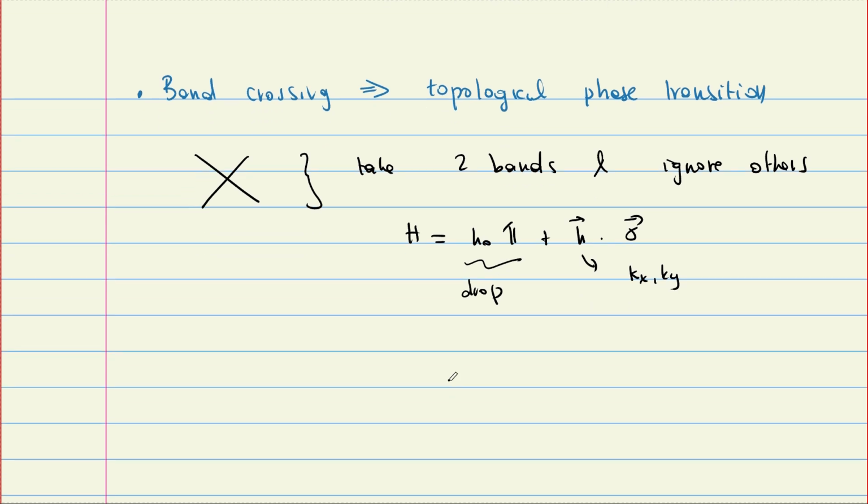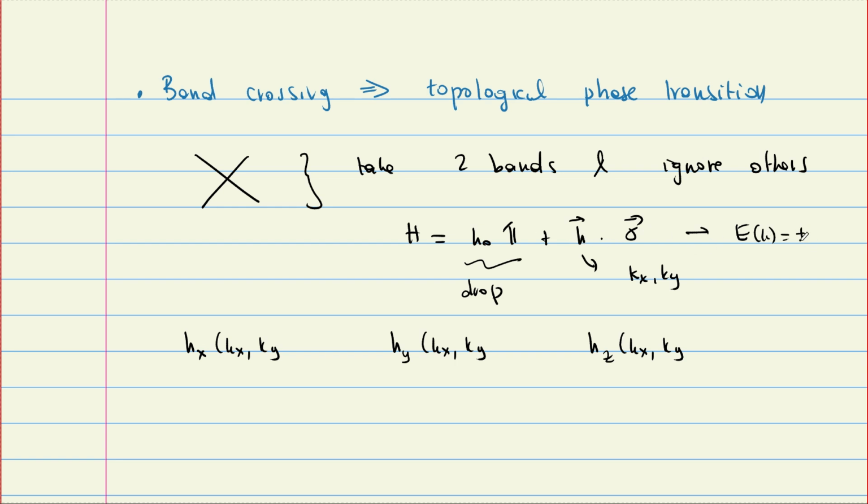And if there is a band crossing, there is Hx depending on Kx, Ky, and there is Hy and Hz. And what is the eigenvalue of this Hamiltonian, E of K? You should immediately recognize it. You don't have to do the determinant every time you see this.